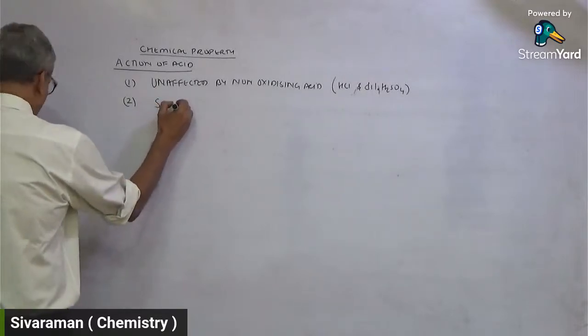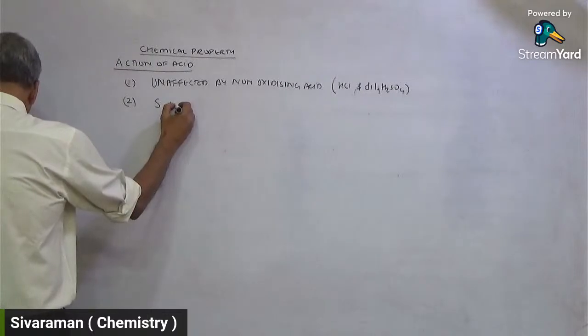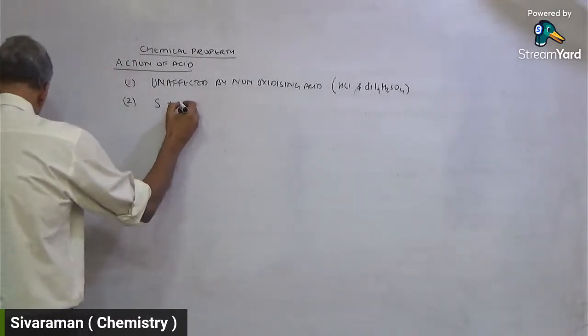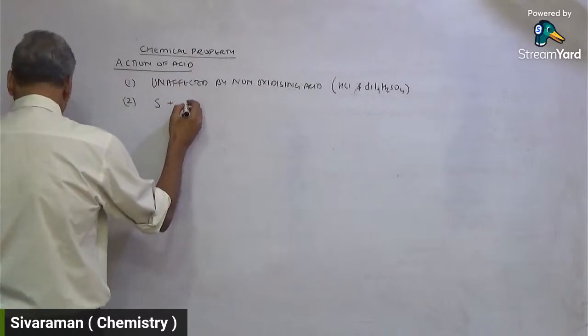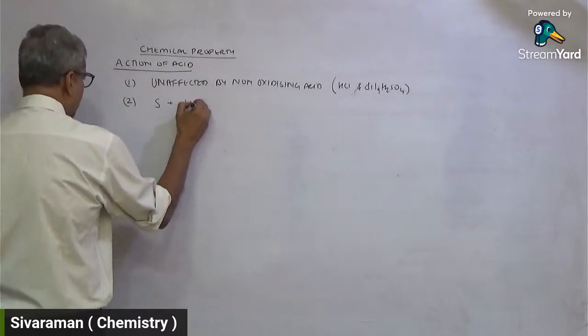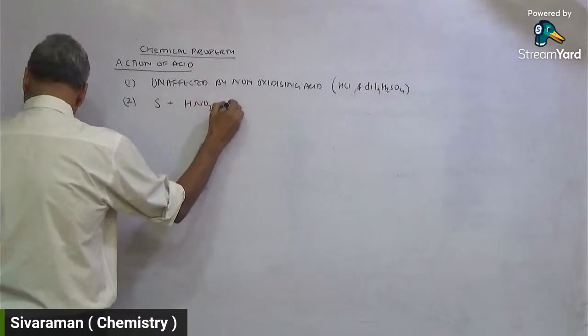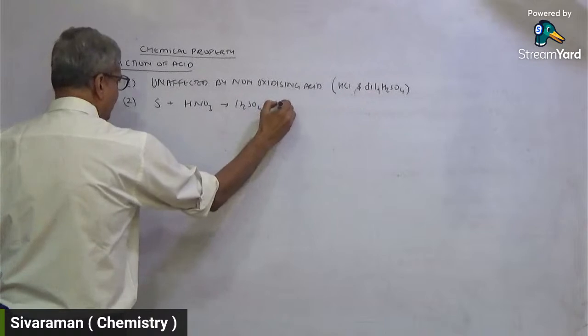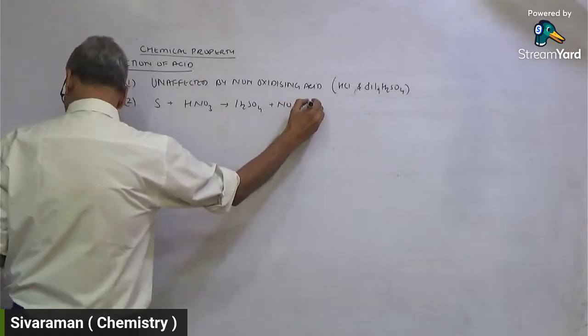Sulfur reacts with hot concentrated nitric acid. What does it form? It forms sulfuric acid, NO2 plus H2O.